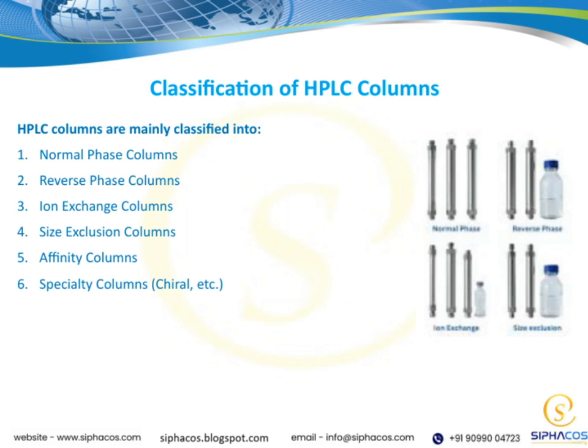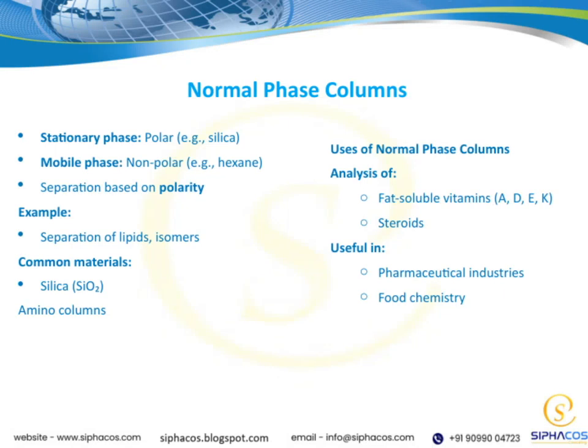Lastly, we have specialty columns, including chiral columns, which are designed to differentiate enantiomers, mirror image molecules that are otherwise very similar. Understanding these classifications helps us choose the right column for the specific separation task at hand, ensuring accuracy and efficiency in our analyses.